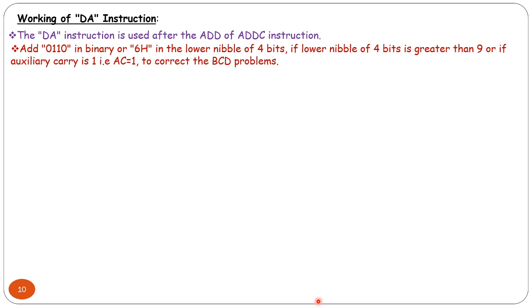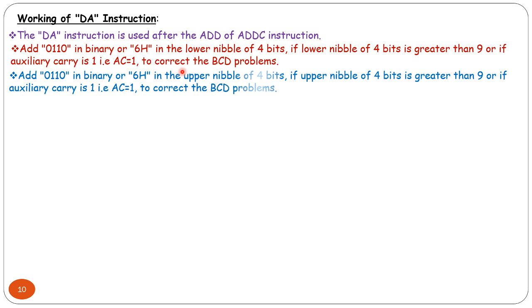Now the working of the DA instruction. The DA instruction is used after ADD and ADC instructions. Add 0110 in binary, or 6, to the lower nibble of 4 bits if the lower nibble is greater than 9, or if the auxiliary carry flag is 1, AC is 1, to correct the BCD problem.